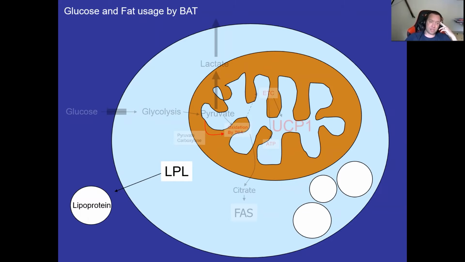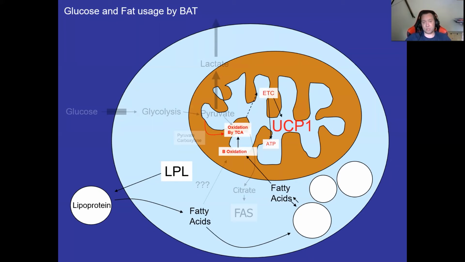It hydrolyzes lipoproteins via the enzyme LPL. This releases free fatty acids. These may go directly for oxidation, but there are some suggestions they have to go through a storage process first. And then these fatty acids can be liberated by lipolysis, where they will go for beta oxidation.